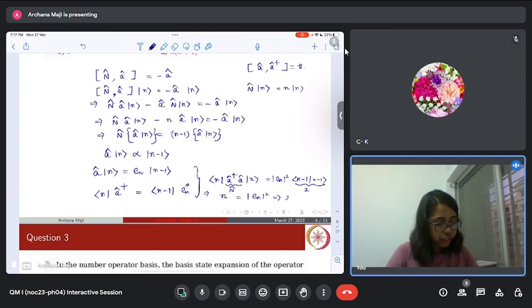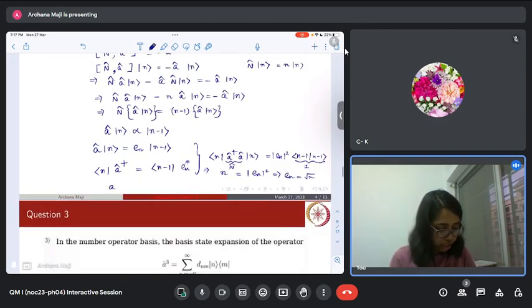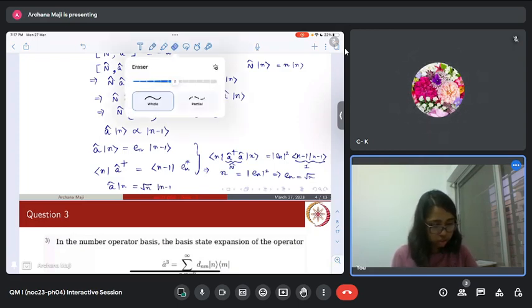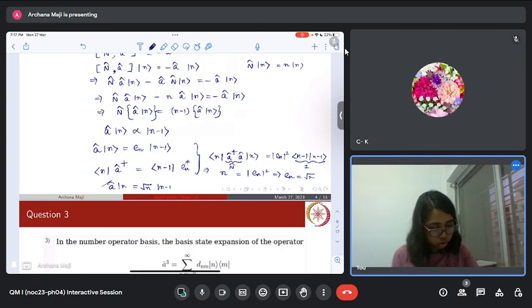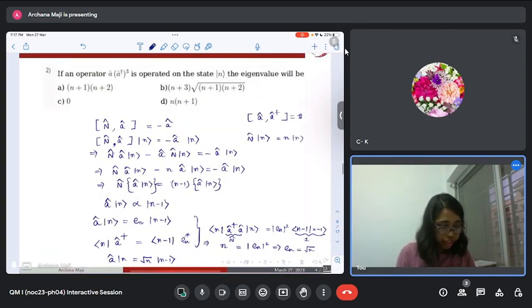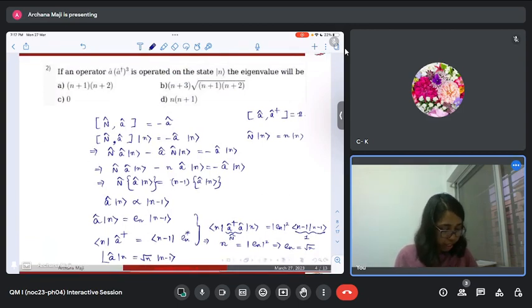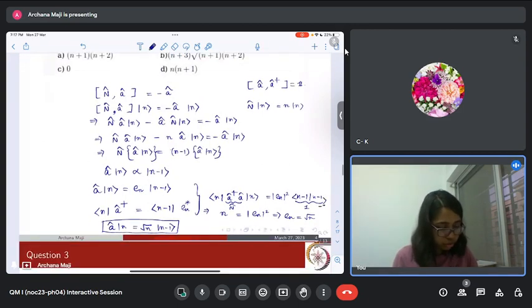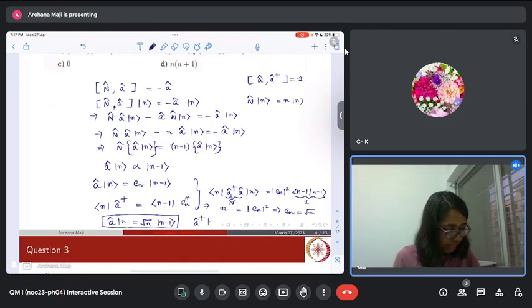So from there you get the proportionality constant En to be square root n. That's how A acting on the n particle state gives you square root n times the n minus 1 state. Is this clear? Yes, ma'am. Good. Fine. Now you know A acting on n, you also know A dagger acting on n, that's square root n plus 1.